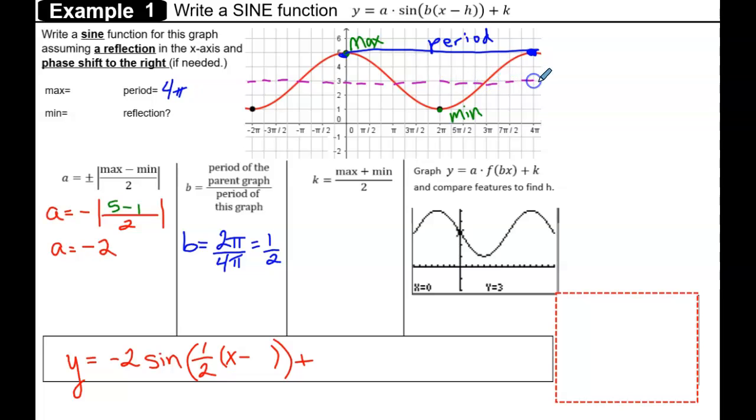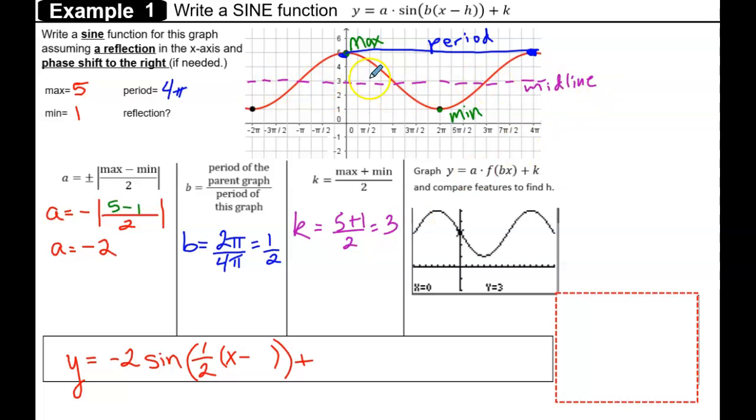We can see here on our graph, the midline is at 3 on the y-axis, so my k equals 3. But if I want to work that out using this formula, I would take my max, which we already identified was 5, add the min, which we already identified as 1. And 5 plus 1 is 6, divided by 2 equals 3.